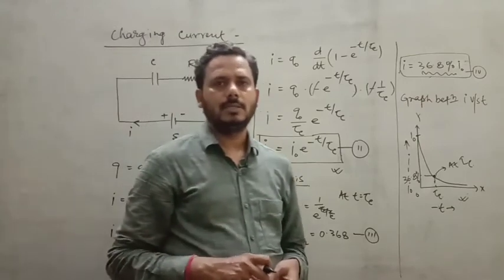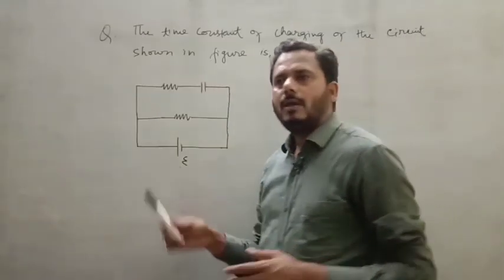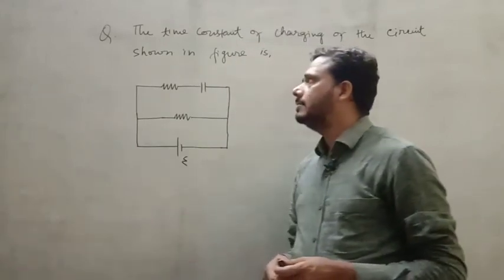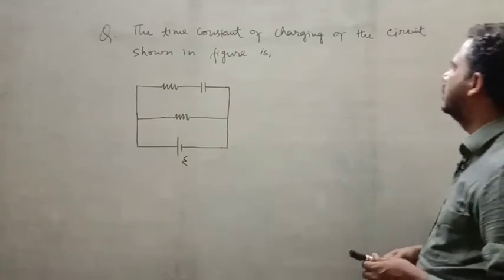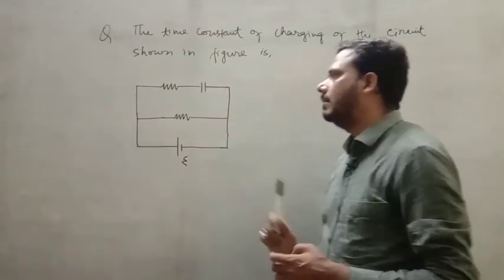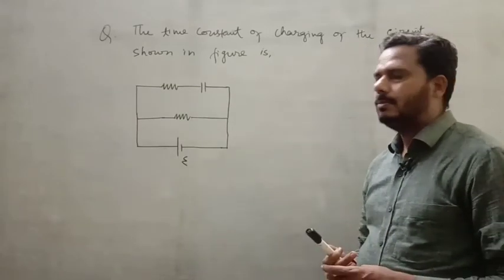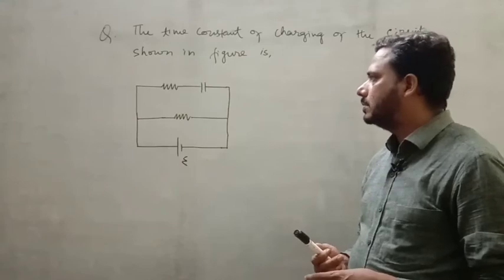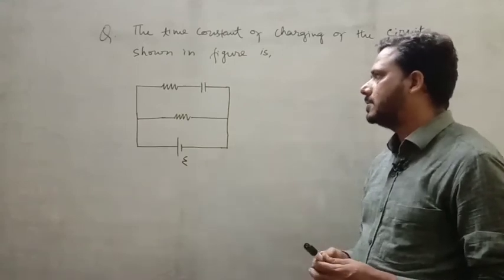Alright, okay. Now here we will see an example, just like a question. A question will be there: the time constant of charging of the circuit shown in the figure. So this one is just like the same circuit diagram we have discussed before about charging of capacitor and charging current.